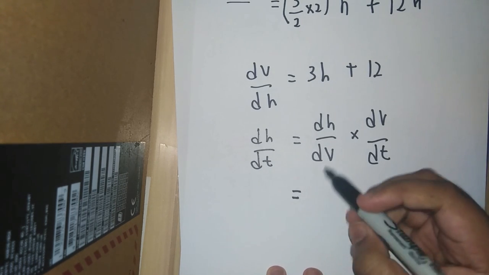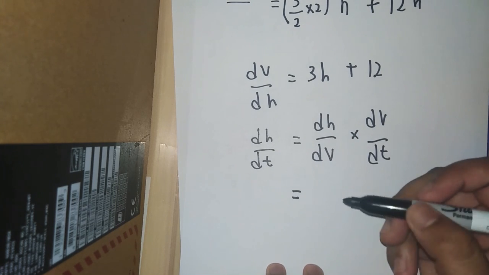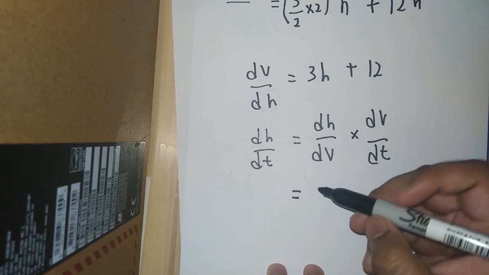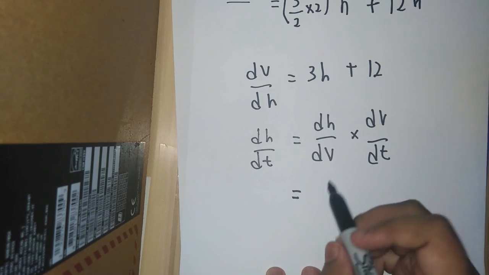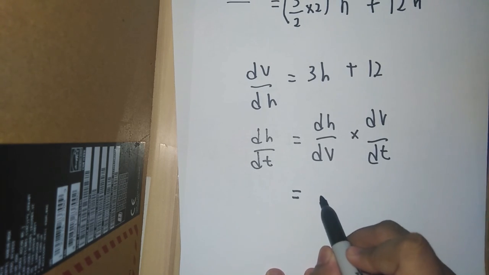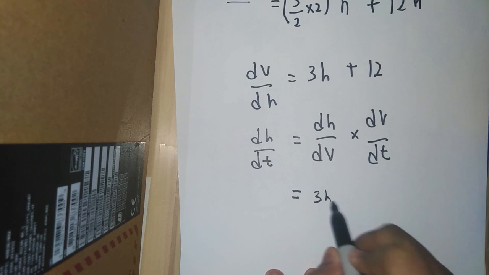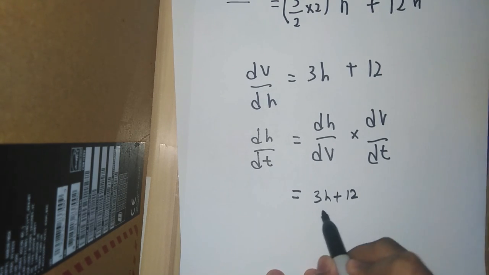We can do that by simply turning up the fraction. So dV over dh is 3h plus 12 over 1.